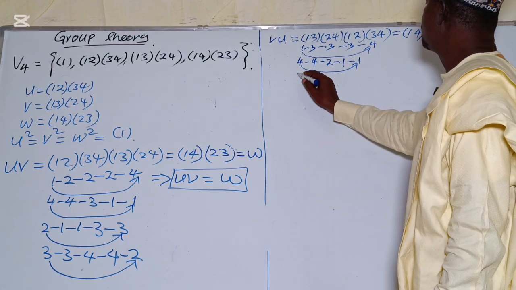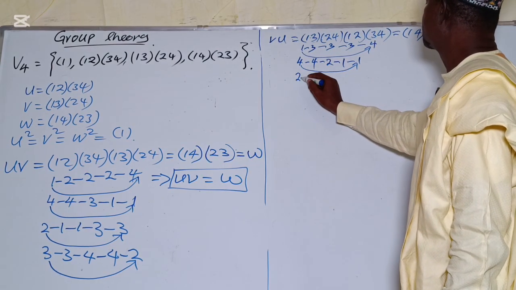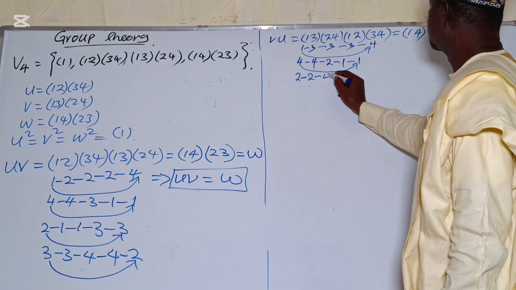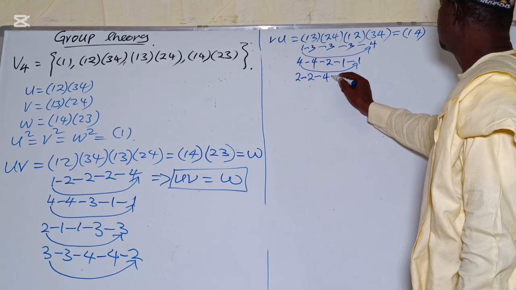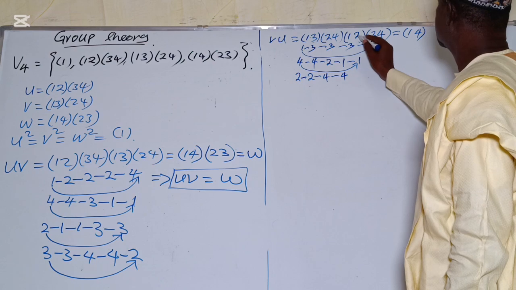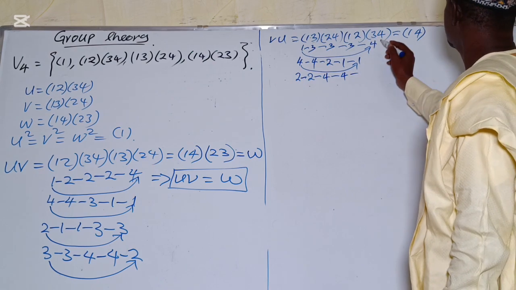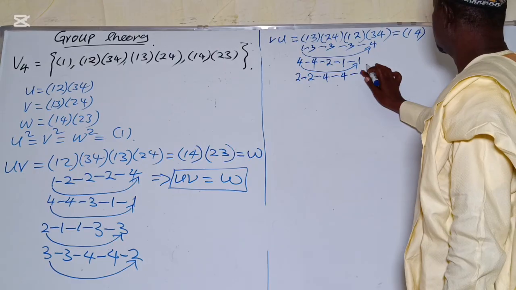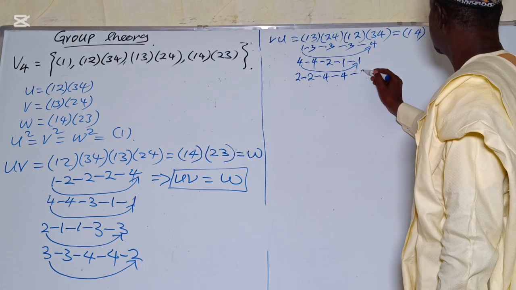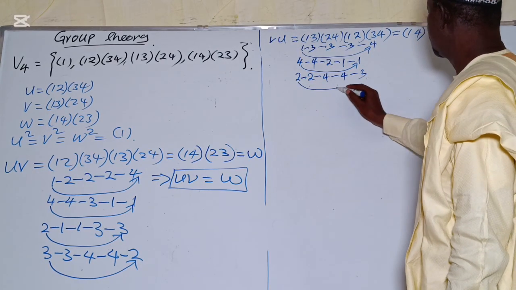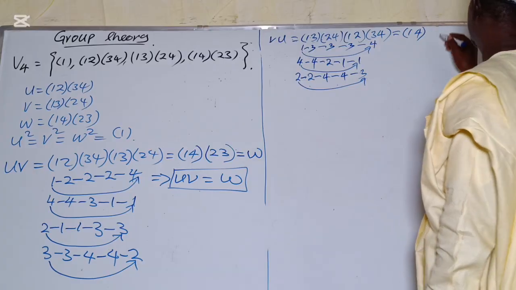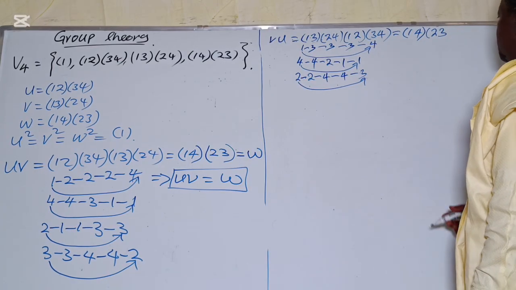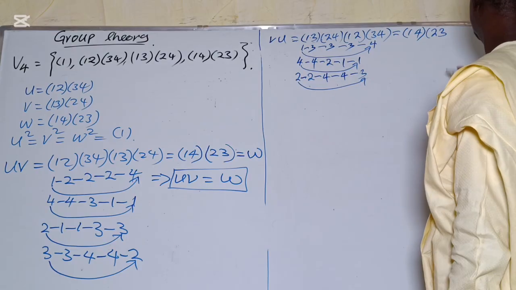What of 2? 2 is fixed in the first cycle. 2 is mapped onto 4 in the second cycle. 4 is mapped onto 3 in the third cycle. So 2 is mapped onto 3. Now where is 3 mapped onto?